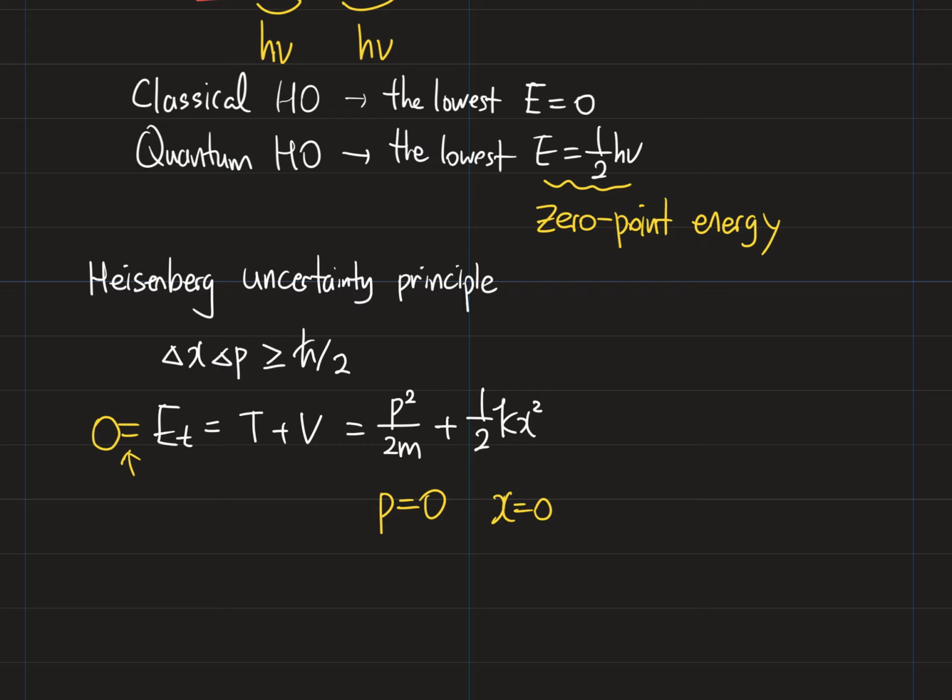So the position value 0 and the momentum value 0 have a special meaning. If you say that the position equals 0 and the momentum equals 0, that means there should be no error or deviation when you're measuring these properties.